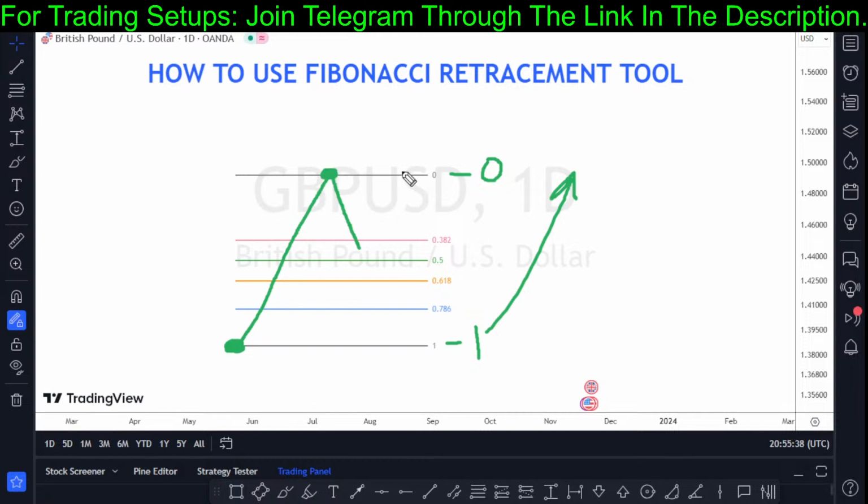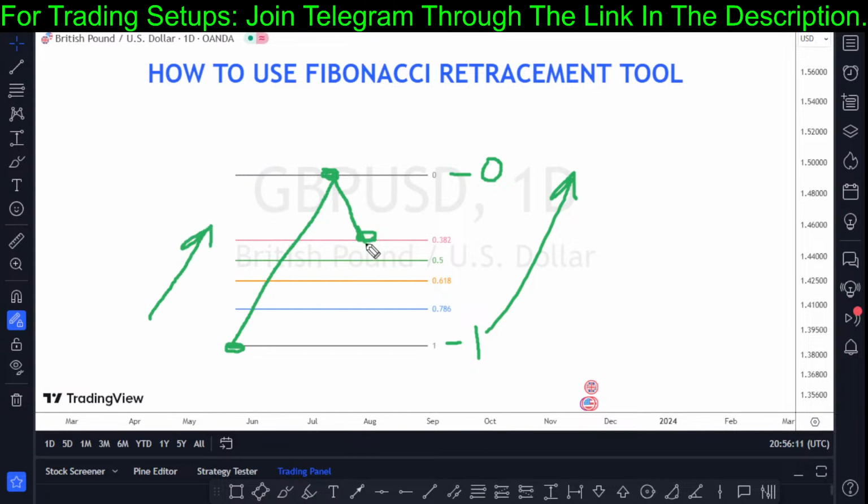So now the next thing you have to start looking out for is how the market is going to react to these level structures. When price moves from this swing low to this high, the next thing you have to do as a trader is look out to see how price reacts to these levels. Price could react to the 0.382 if the market is under the influence of a fast moving trend.